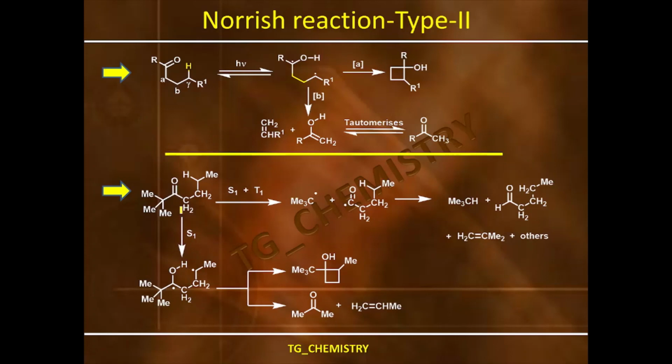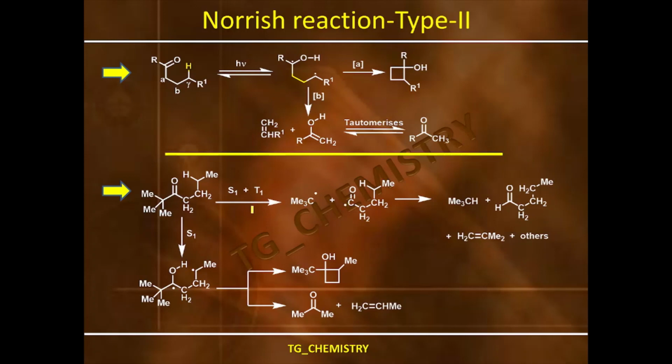So from the singlet excited state after the n to pi star transition, the 1,4-biradical can have two fates like the previous example, and the cyclobutanol can be the product, the ketone and an olefin. These are the common products from there. Now if this excited singlet state undergoes intersystem crossing and moves to the excited triplet state, then a trimethyl carbon radical, or tertiary butyl radical, can be formed in addition to the carbonyl radical.